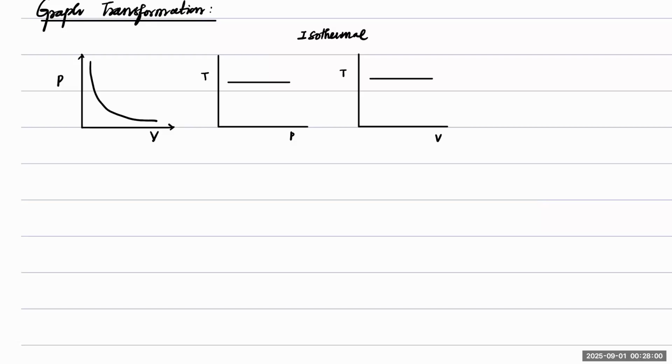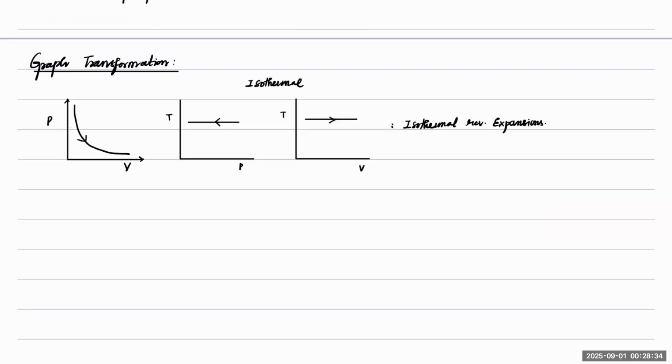Suppose it is an expansion, this is the arrow you will use. And since it is expansion, the pressure is decreasing, so the arrow goes like this. And here, if expansion is happening, volume has to increase, so this is the arrow you use. All of these represent isothermal reversible expansion. Those are the graphs. Clear?